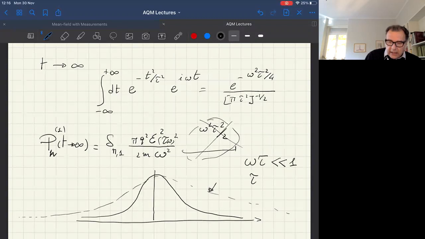Still, perturbation theory is valid as long as all this is not of the order of 1, so this should be much smaller than 1. You should be careful. You cannot take this for any value of epsilon, because you see this probability, when the electric field grows, may become much larger than 1, which is nonsense. This is true in any case.